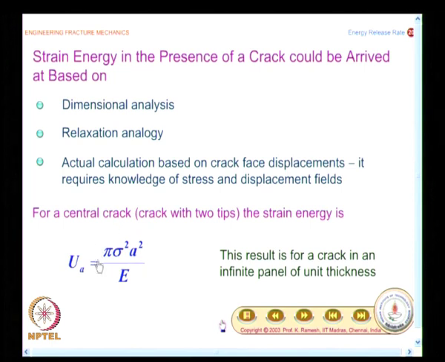Another aspect I also pointed out is that this is obtained for an infinite panel of unit thickness.